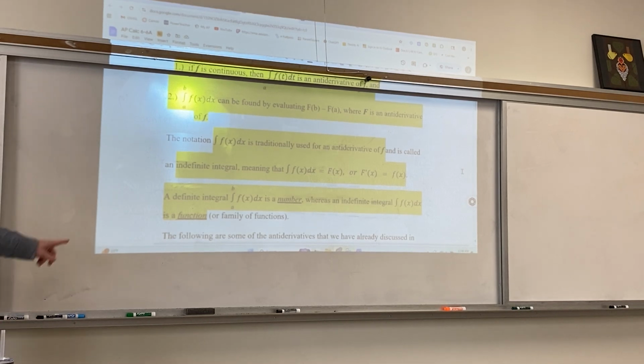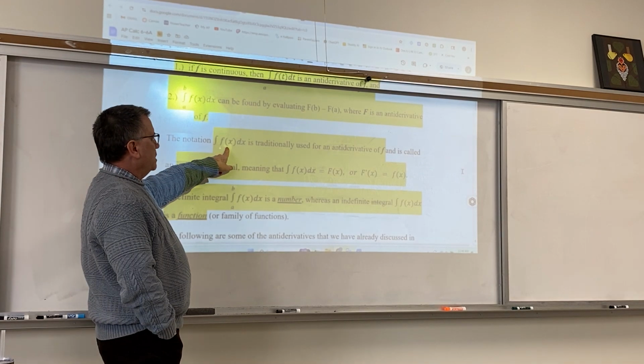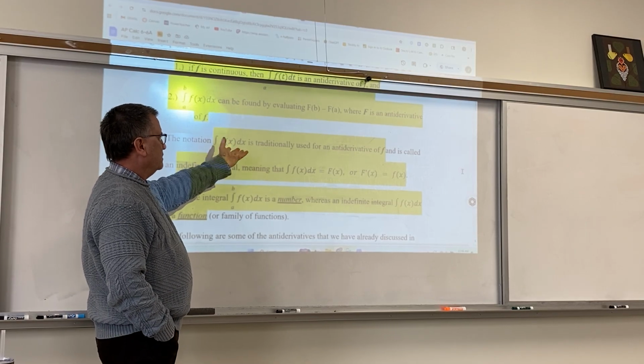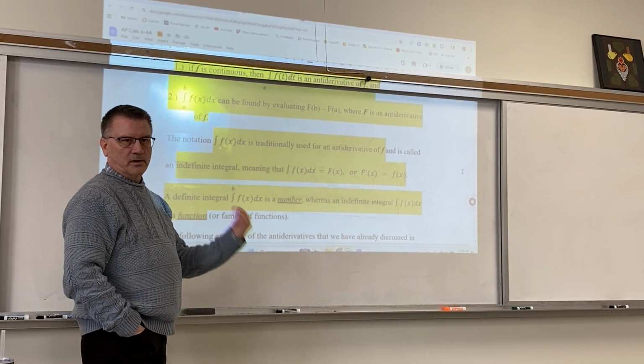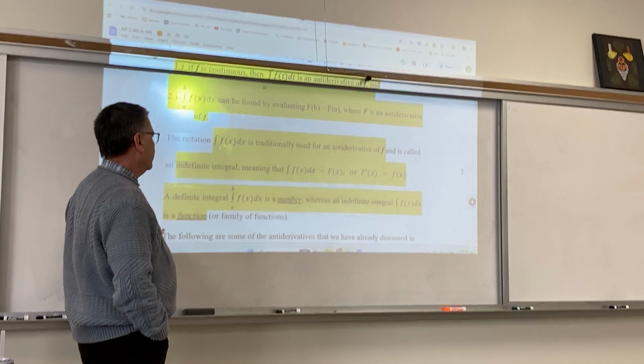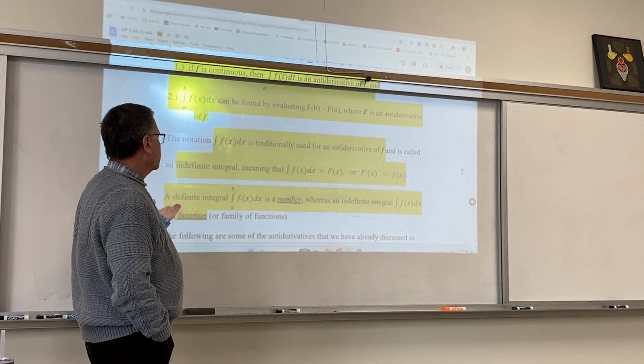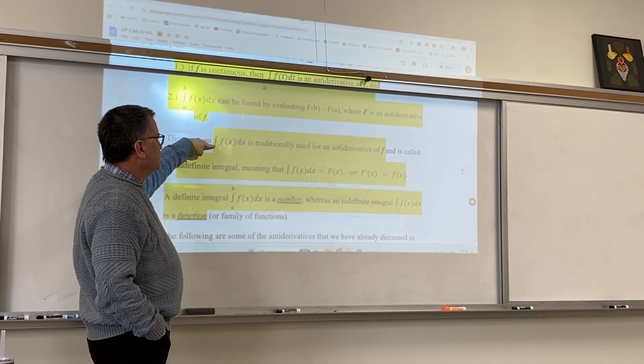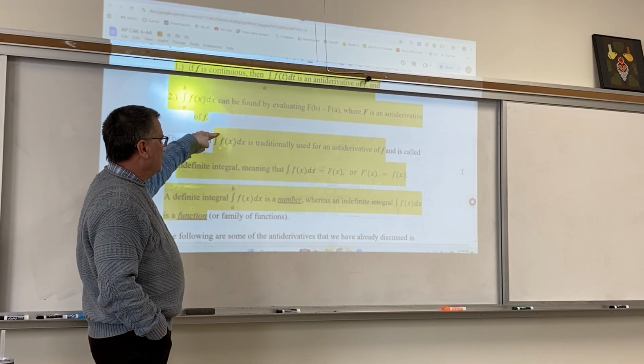So this integral notation is usually used for an antiderivative of f. That means we want to go back. Antiderivative. And it's called the indefinite integral. Indefinite because I don't have a lower bound, upper bound.